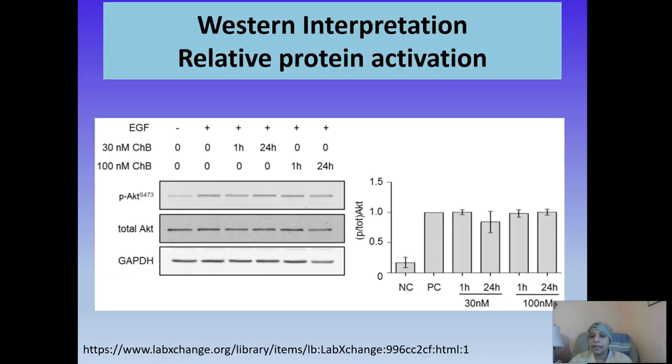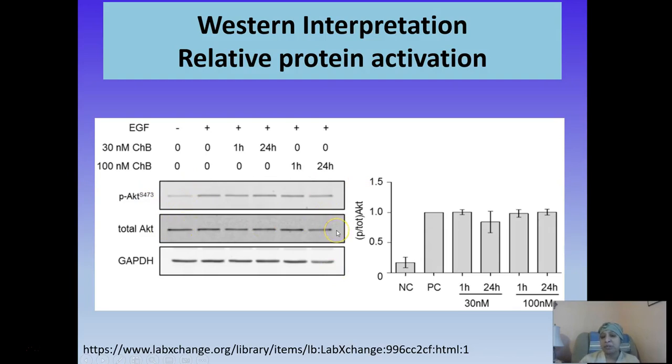Here's another example of interpretation. In this case, again, I'm just looking at relative protein amounts. And in this case, I'm using ImageJ analysis or some other imaging software analysis to quantify that response by using my GAPDH, my loading control, as what I'm comparing to. So GAPDH showed that most of them have the same amount. This one had a little bit less, so that's going to be taken into account when we do densitometry analysis. And then we are looking at total AKT in the various conditions, and then phosphorylated AKT.